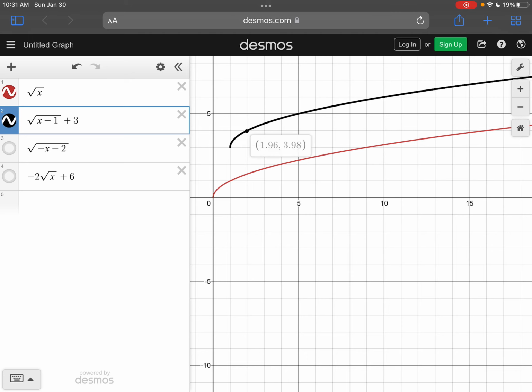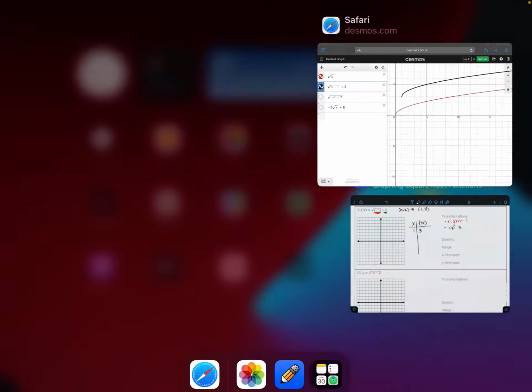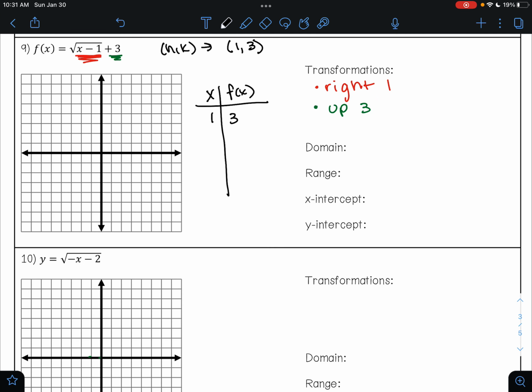I'm also going to use the point 2, 4, and I'll also use this point right here of 5, 5. So we have 2, 4, and 5, 5. And this is what that graph looks like.